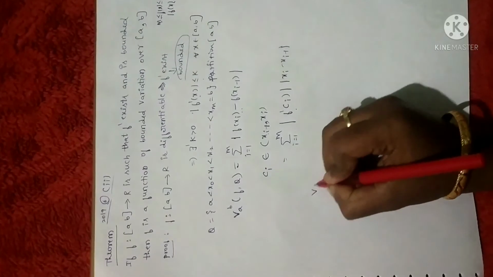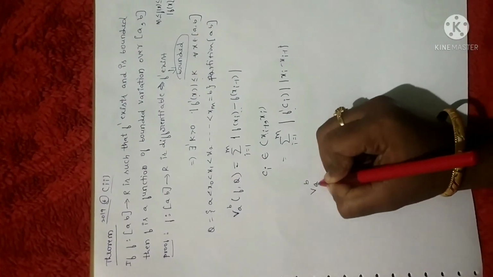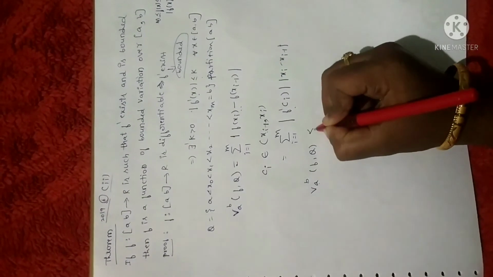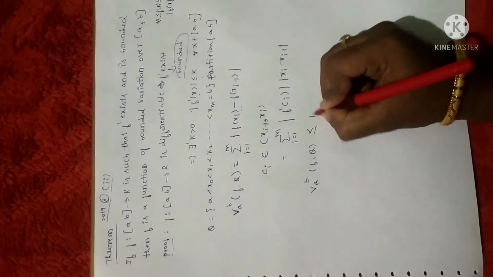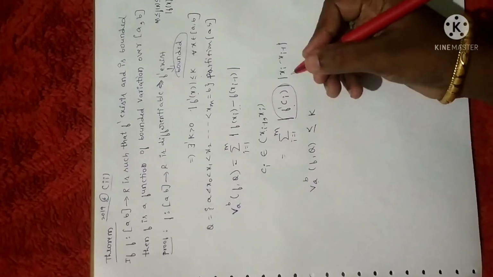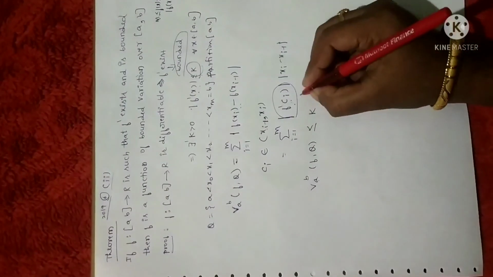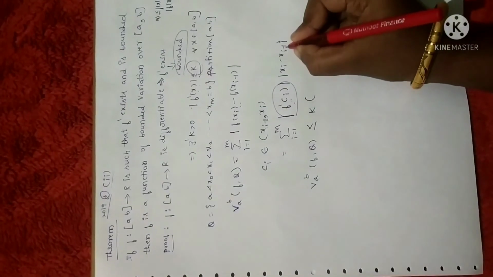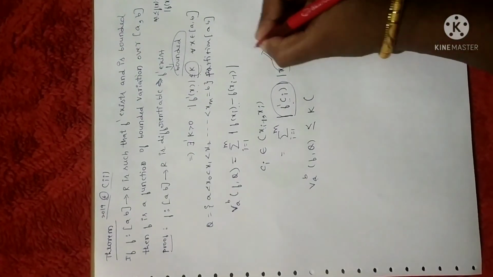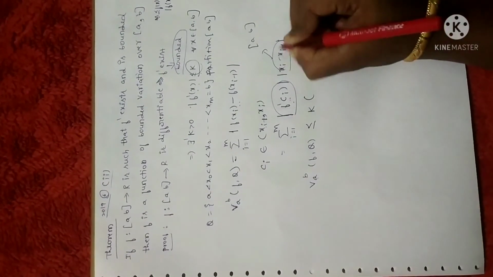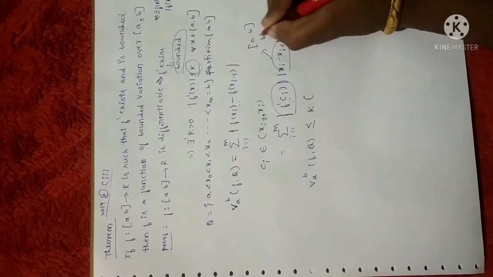So the variation from a to b of f over Q will always be less than or equal to K times the sum of differences, where f dash of c is bounded by the constant K. The sum of xi minus xi minus 1 is none other than the length of the interval [a, b], which is b minus a.